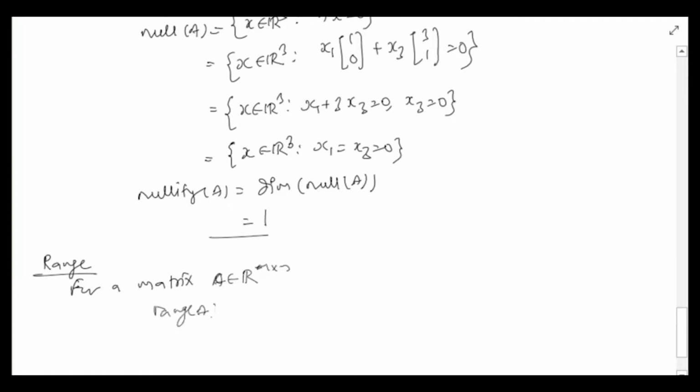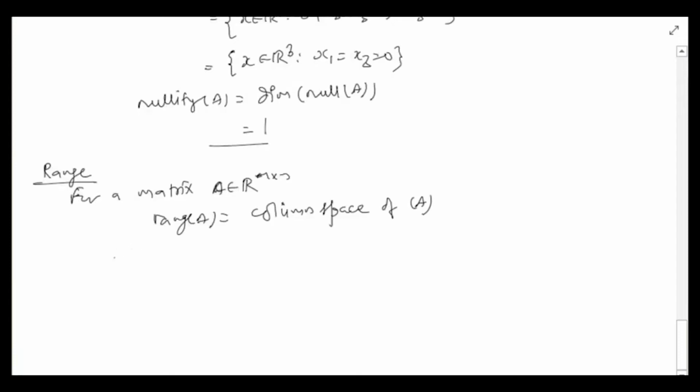So the range of A is nothing but column space of A. Clearly, if we are interested in range of A transpose, it would be row space of A.